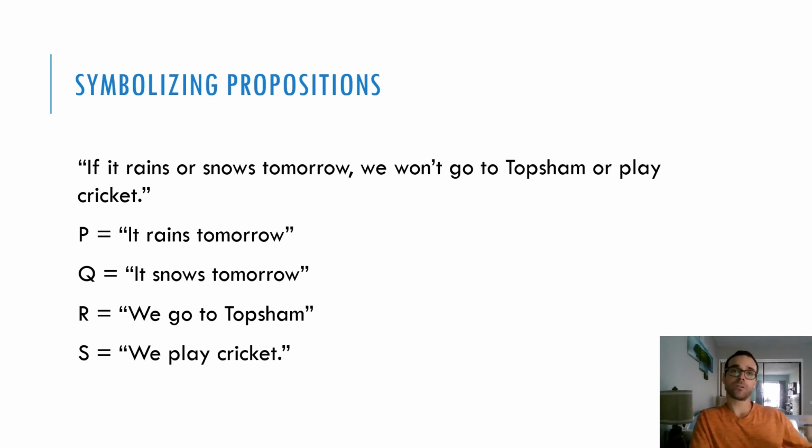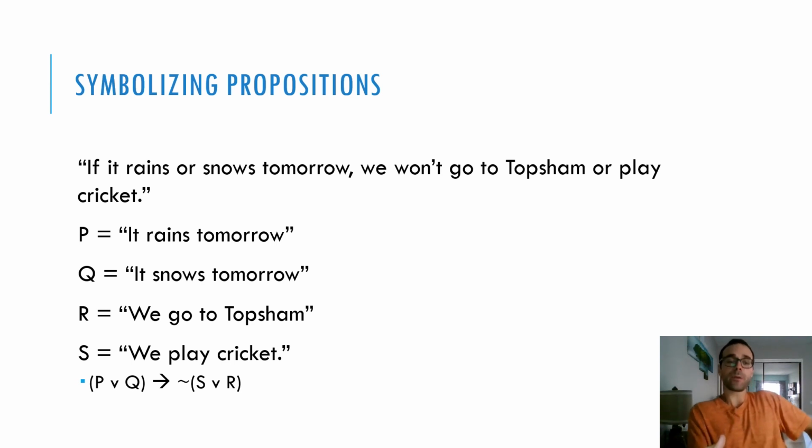So if we were to write this out in symbolic form, we would get the equation of (P ∨ Q) → ~(S ∨ R). So here we would read this as: if it rains or snows, then we won't go to Topsham or play cricket. The tilde signifies the won't, or it's not the case that.